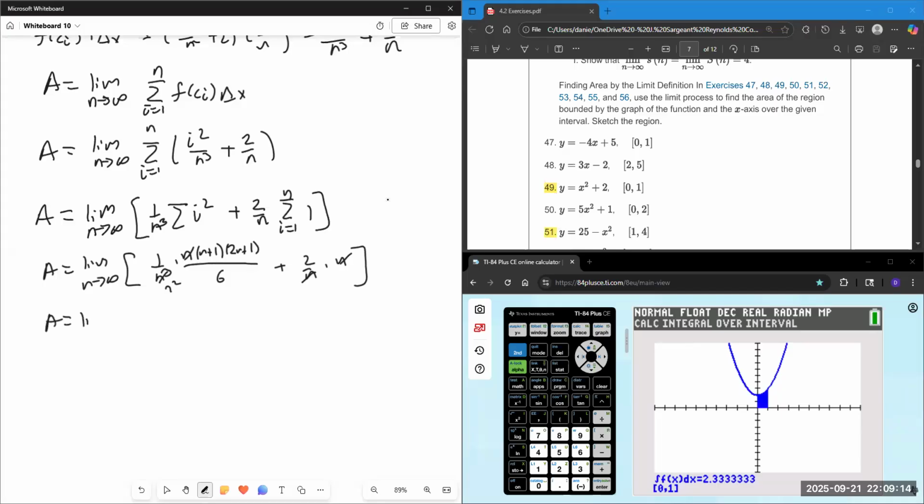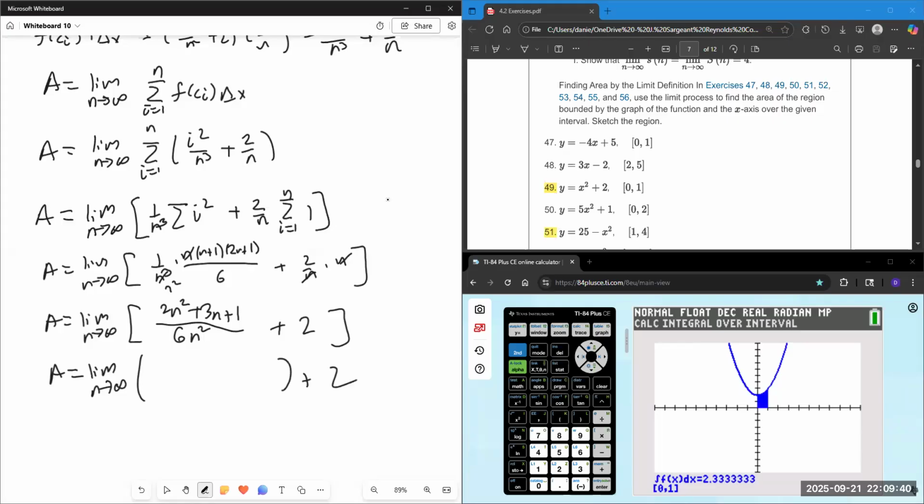Area equals the limit as n goes to infinity of, over 6n squared, this is 2n squared plus 3n plus 1, plus 2. So area is equal to the limit as n goes to infinity of, that's just going to be a plus 2 out there.